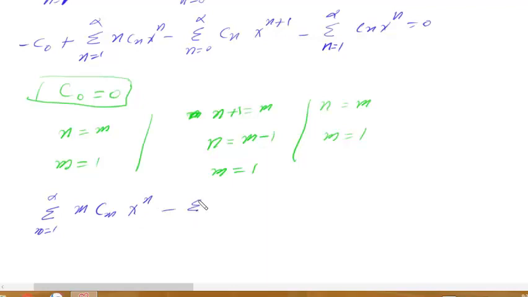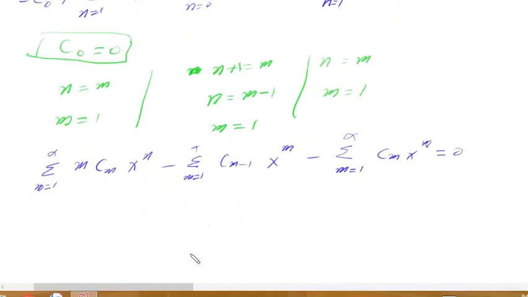Minus the summation from m = 1 to infinity of c_(m-1) x^m, since here n = m - 1, and minus the summation from n = 1 to infinity of c_m x^m, equal to 0.